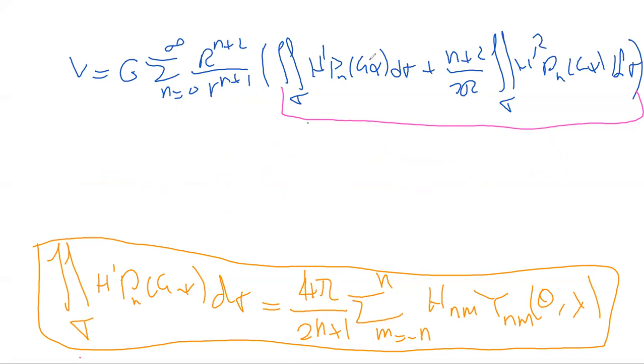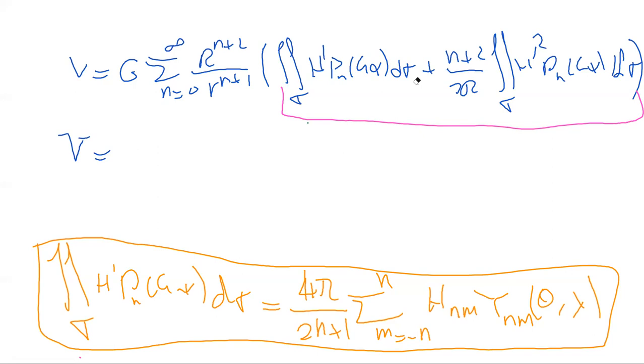So it will be V. So 4 pi is constant, it can go out. No, let me write it, do not mix it.